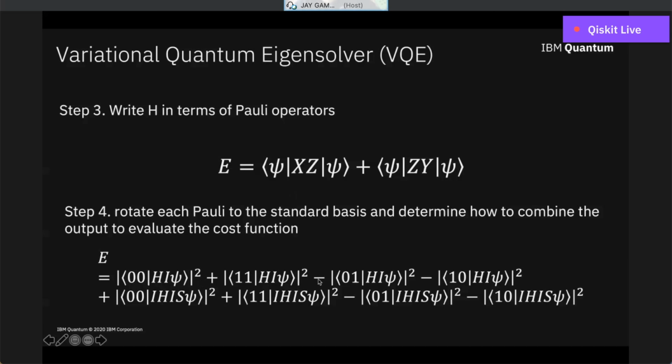So you can see that I can then measure this first component by measuring the probability of being in 0, 0, probability of 1, 1, minus 0, 1, minus 1, 0. Then the same can be done for the second operator here, but now I have to do a slightly different circuit where I apply some phase followed by a Hadamard to measure Y. And then this can be combined to give the second operator here.